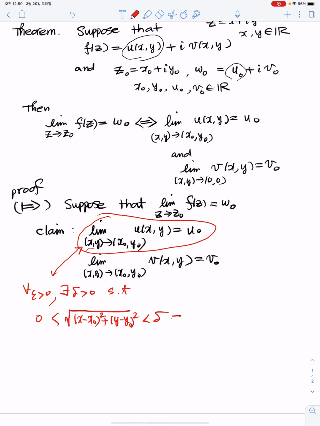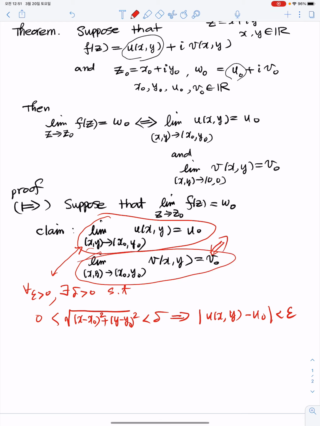Whenever this is true, then |u(x, y) minus u0| is less than epsilon. That's what we need to show, right? Also, this is the same thing for v: for given epsilon, there exists delta such that the same holds. You replace u by v, so I don't need to copy again.